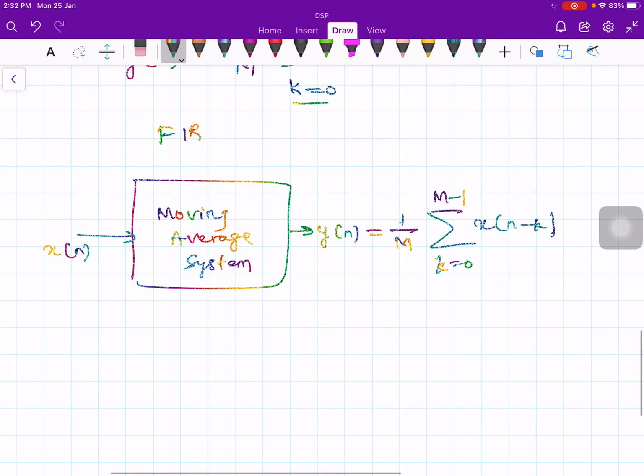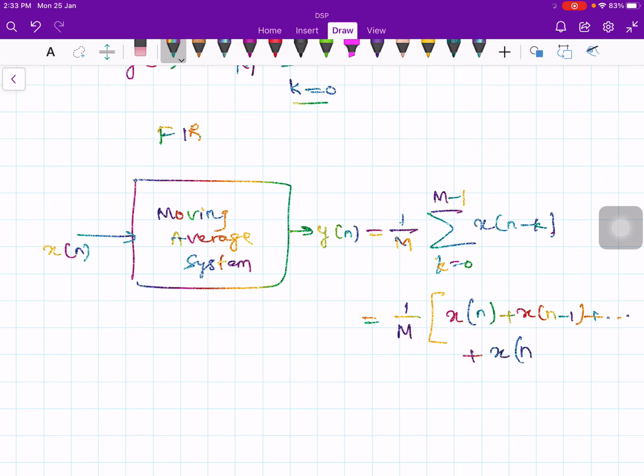If you expand this, what will you get? You will get 1 over M, then x of n plus x of n minus 1 plus dot dot dot plus x of n minus capital M plus 1.